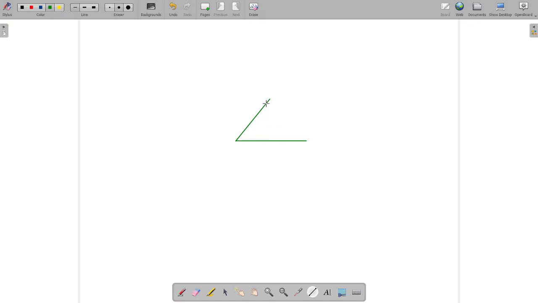They have to be straight lines, so no curved lines, and then you can have an angle, and the angle is referred to as the bit between. That's how you do an angle. So this is the bit here referred to as the angle. Two straight lines, angle between them.